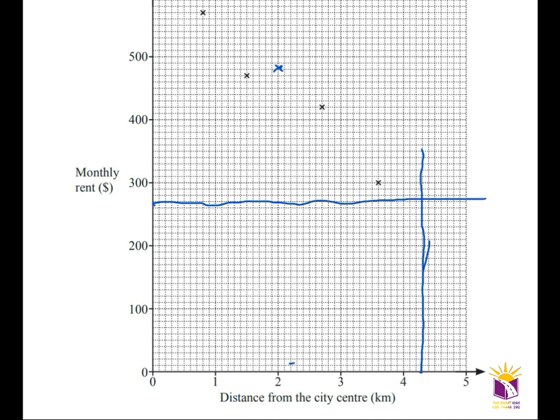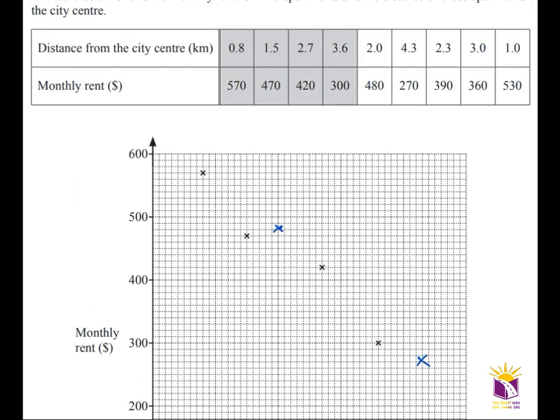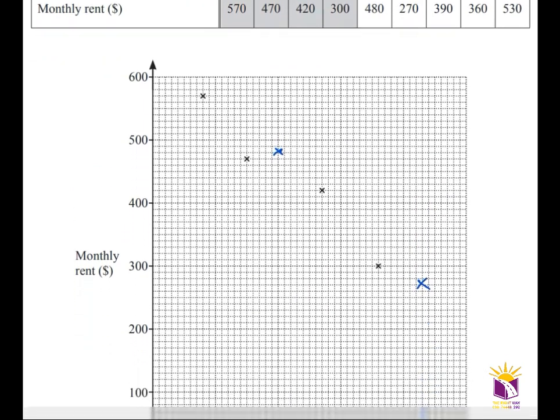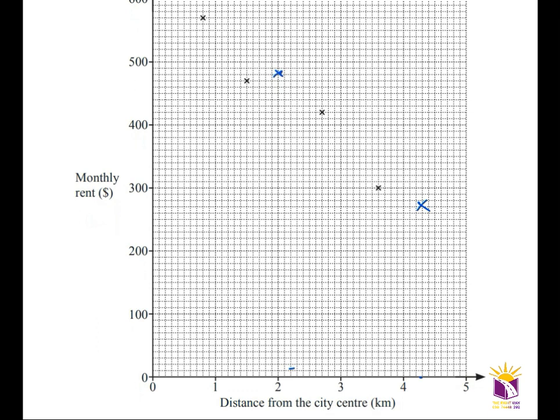When you draw with a scale, these lines will be straight ones. So 2.3 and 390. This is your 2.3 and 390.